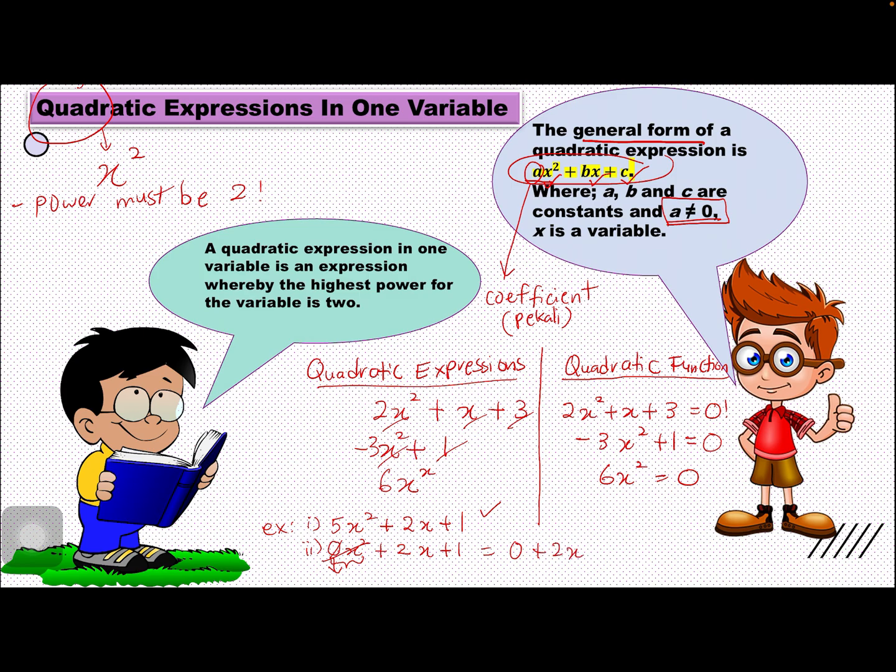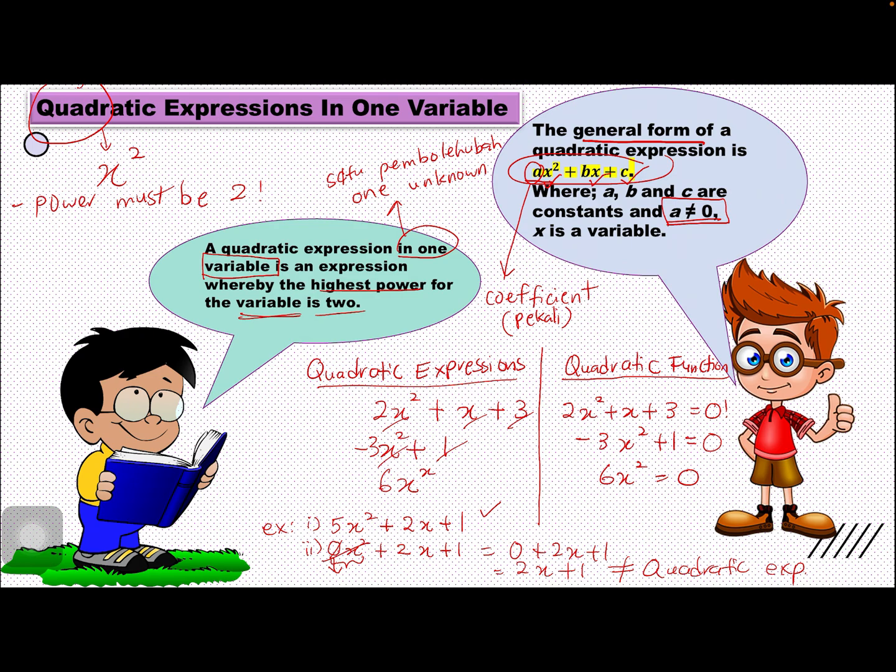So it will be 2x plus 1, which is not a quadratic expression. As easy as that. Remember, a quadratic expression is in one variable. One variable means satu pemboleh ubah, or one unknown. It is an expression whereby the highest power for the variable is 2.